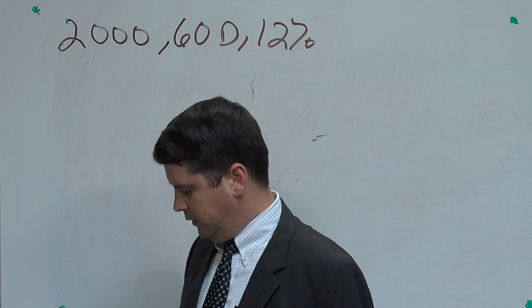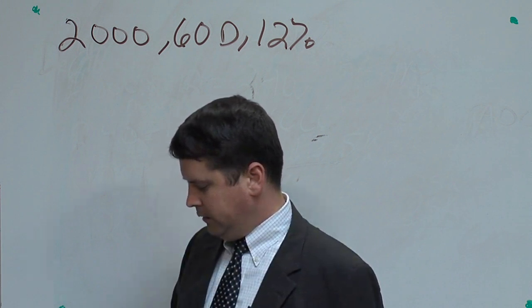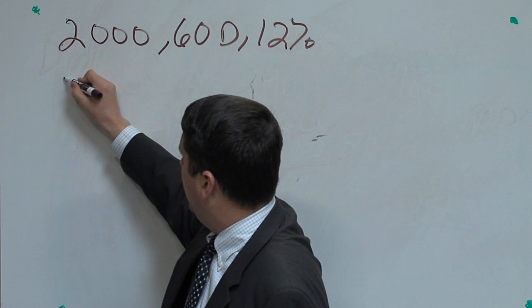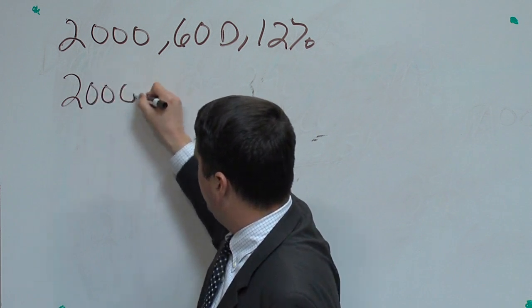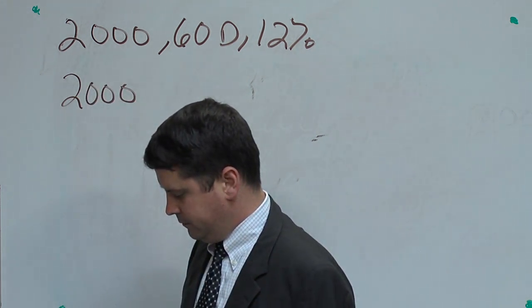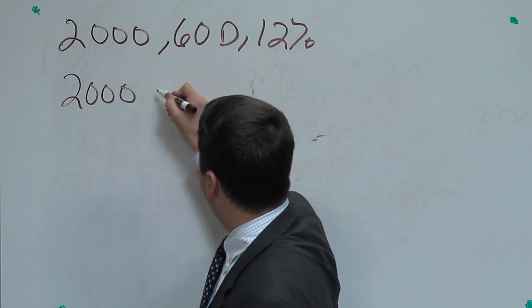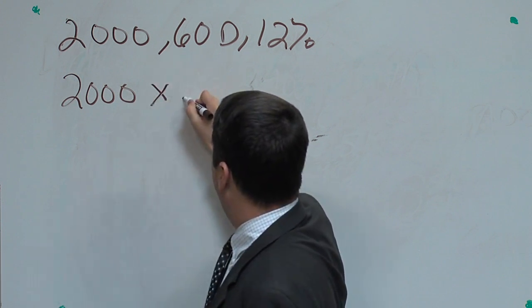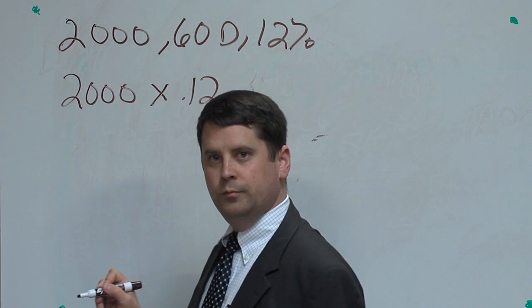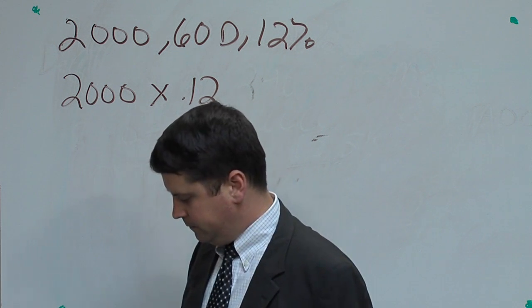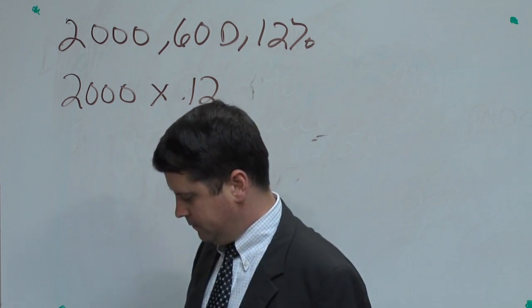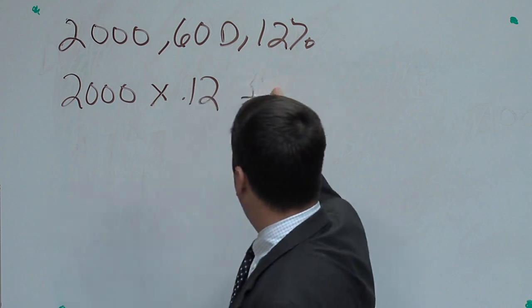Okay? We did this before, and the way I usually do it is this. I take 2,000, put that in my calculator, then I multiply that by 0.12 for 12% interest. Okay, that gives me 240.